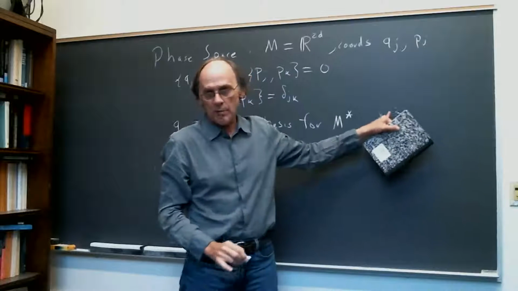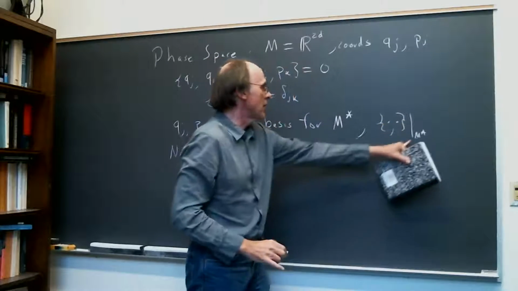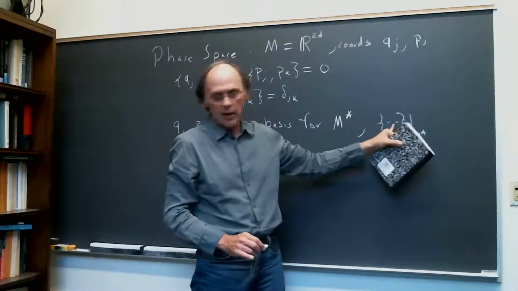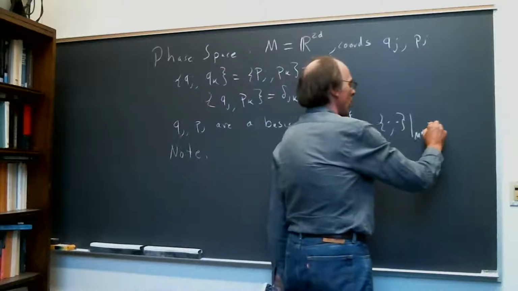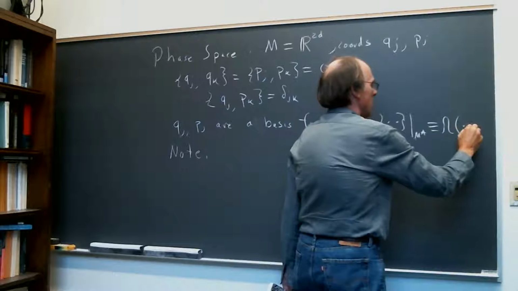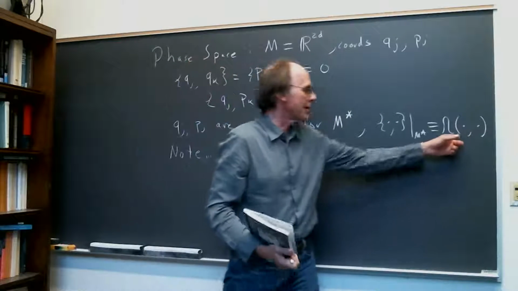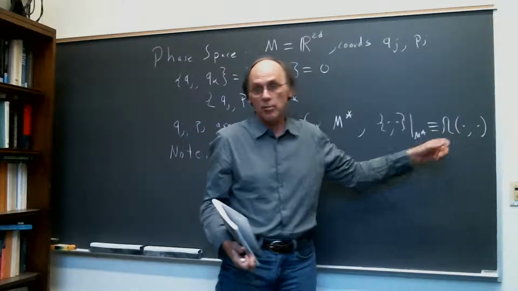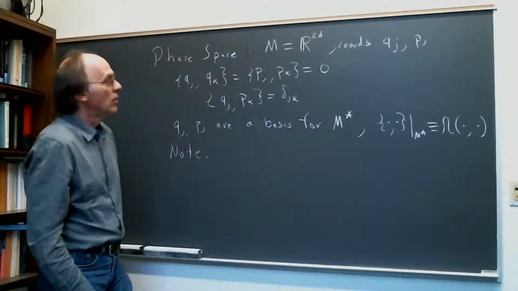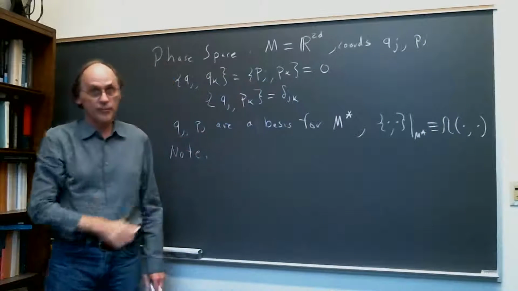Instead of feeding it arbitrary functions, if you just feed it linear functions, this gives you an anti-symmetric bilinear form, which I'll often call omega. This is the analog of the inner product in this case, and the values of omega are determined by these relations.